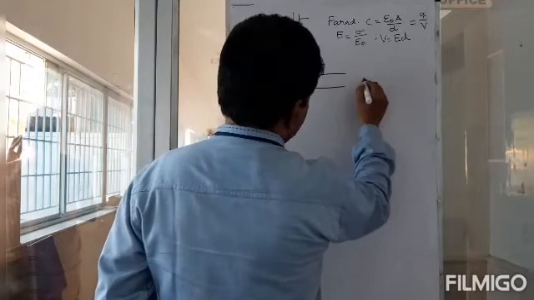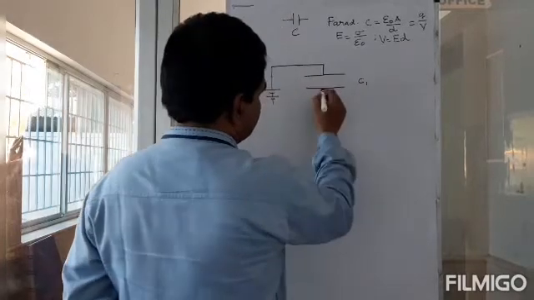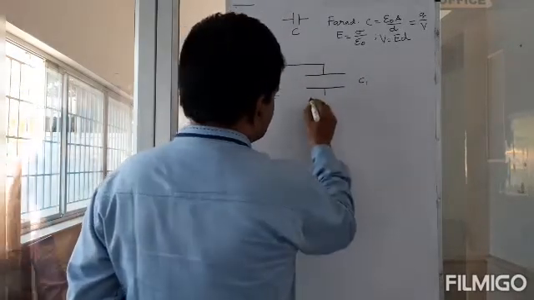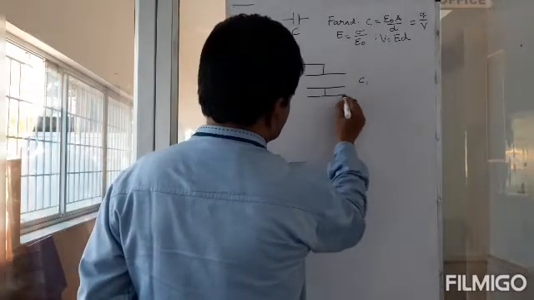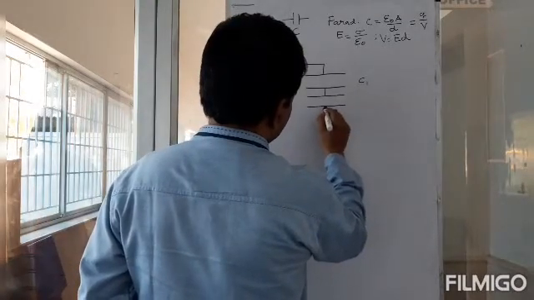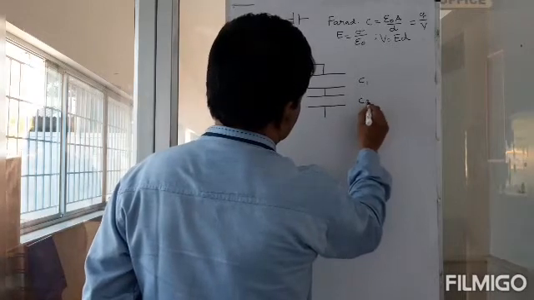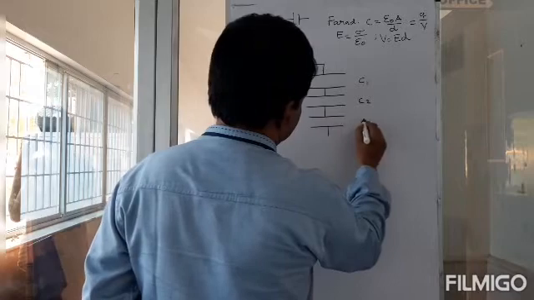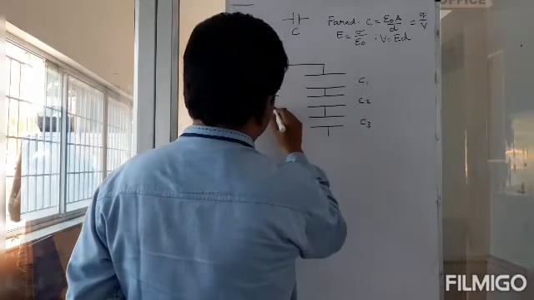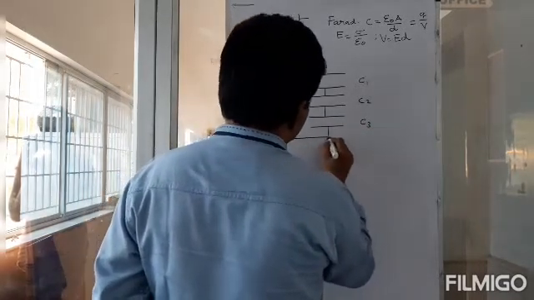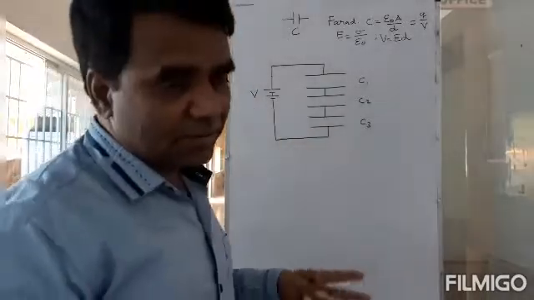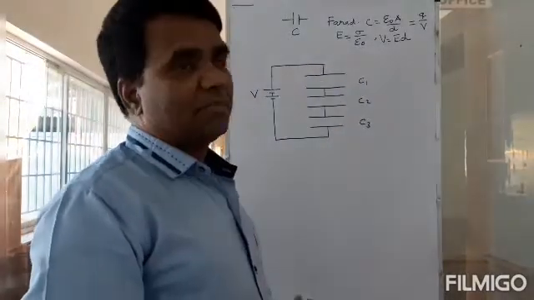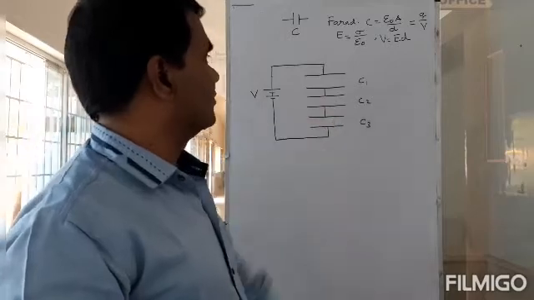This is C1, the capacitance of this capacitor, and I'll take one more capacitor, C2, and then one more capacitor, C3. I can keep adding capacitors, but I'll just stop with 3 capacitors. This is C1, this is C2, this is C3.